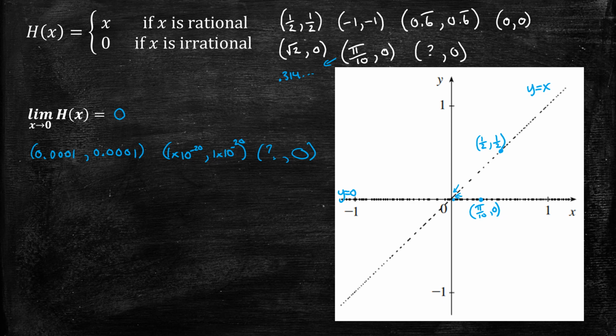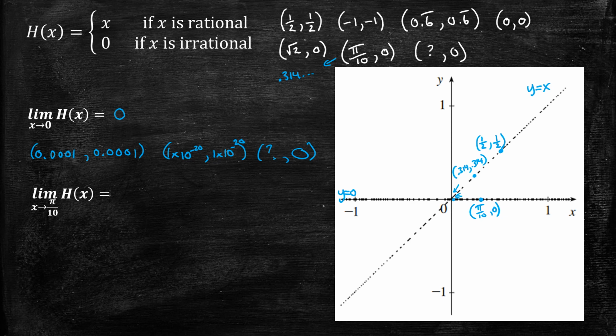Okay, so I think we can see that limit exists, but what about another limit? What about as x goes to pi over 10? So again, we know the point pi over 10, 0 exists, but if we choose an x value close to pi over 10, say 0.314, well, 0.314 is a terminating decimal, and so its y value would also be 0.314.